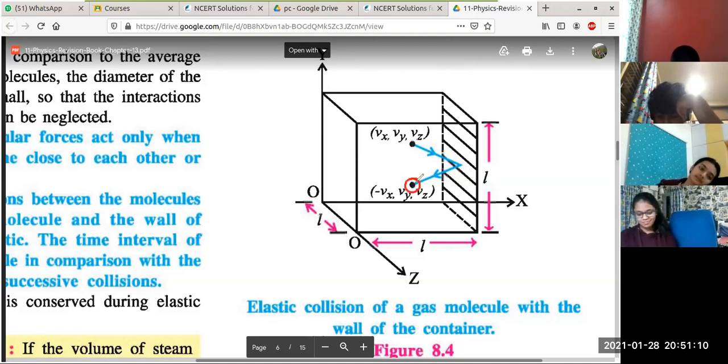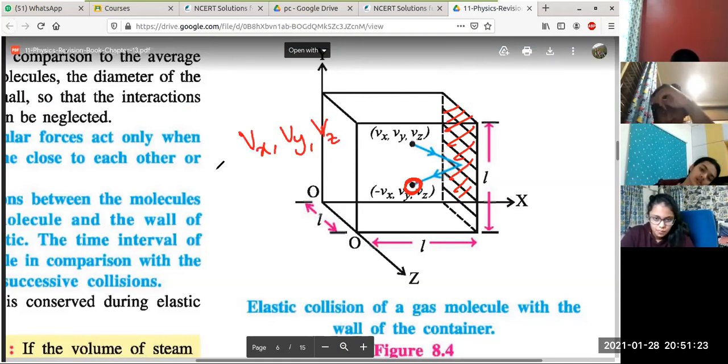Okay, now a molecule, if you want to find the momentum change on this wall, and there is a molecule which is going with vx, vy, vz, मतलब x में उसका velocity vx है, in y direction is vy and z में vz.